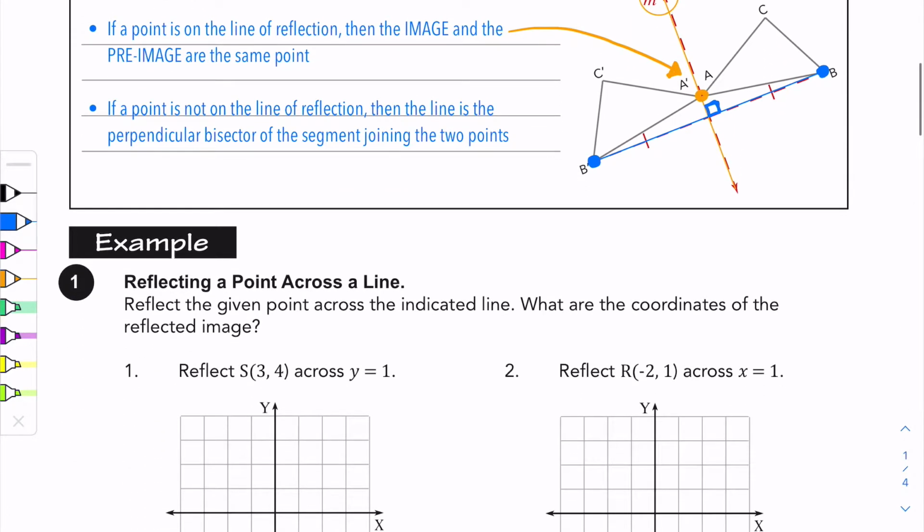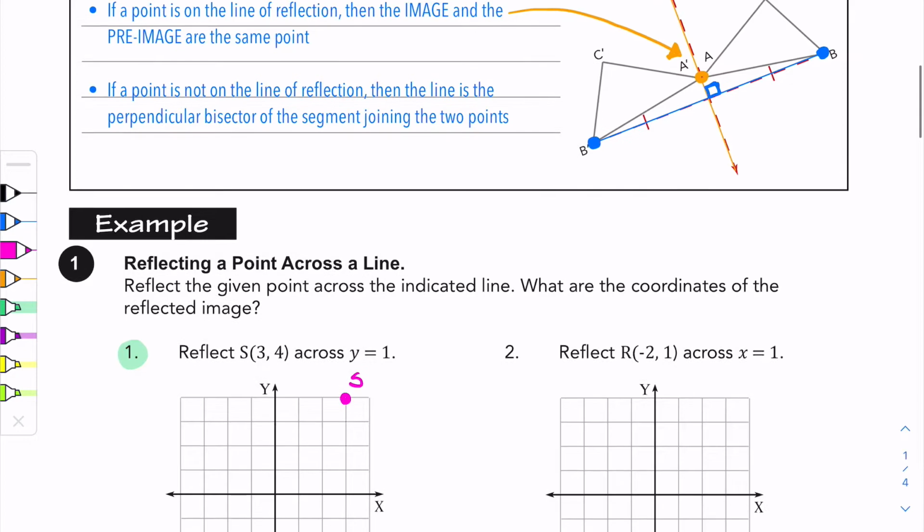If we move on to reflecting a point across a line in the coordinate plane, we are going to first look at number 1, where we're reflecting point S, which is at 3, 4. So let's graph that. We're reflecting point S across y equals 1.